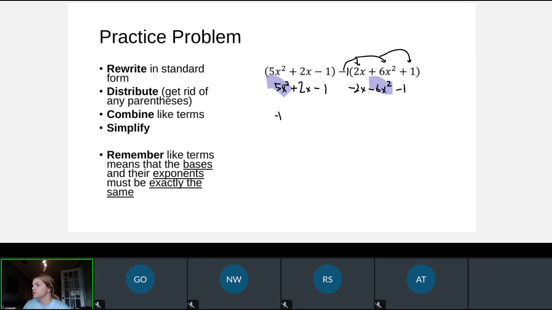Raven, the -2 is from -1 minus 1. Good, Amari. There you go. So 5 minus 6 is -1. So we get -1 x squared.